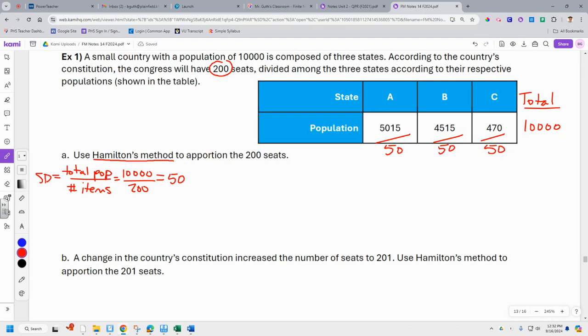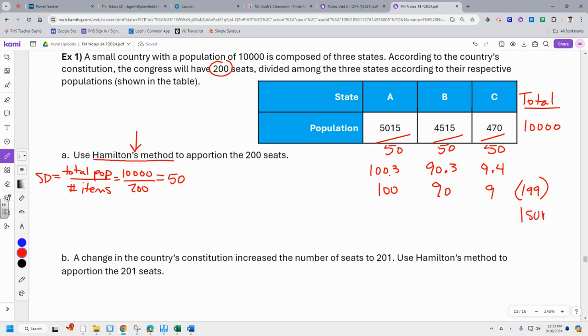When we do that, 5,015 divided by 50 is about 100.3. 4,515 divided by 50 is about 90.3. And 470 divided by 50, you get 9.4. Hamilton's method, we're going to round down. That makes this 100, 90, and 9 for a total of 199 seats.